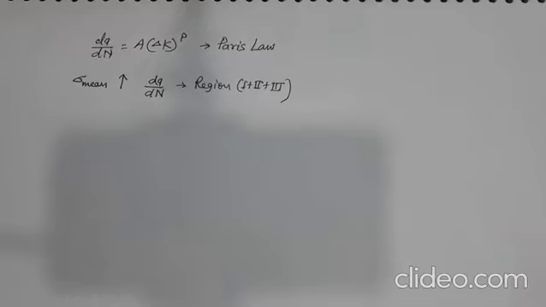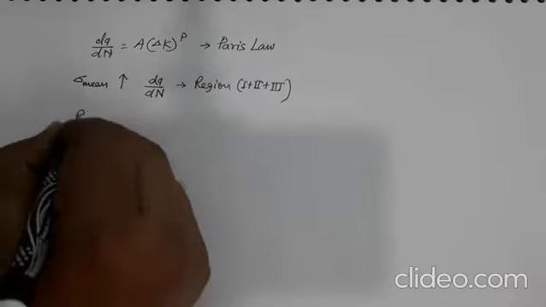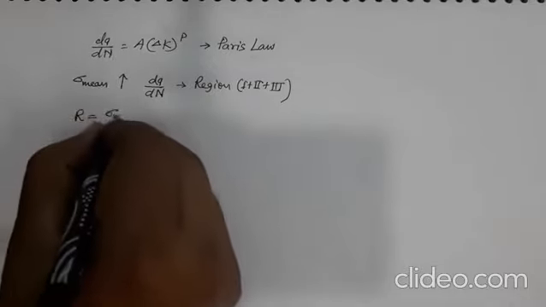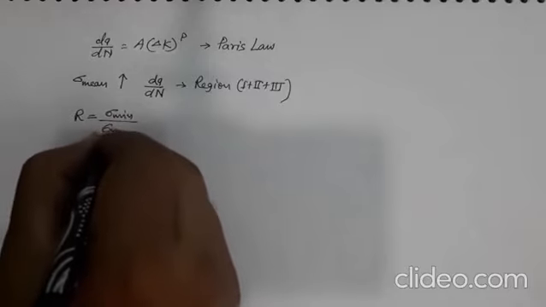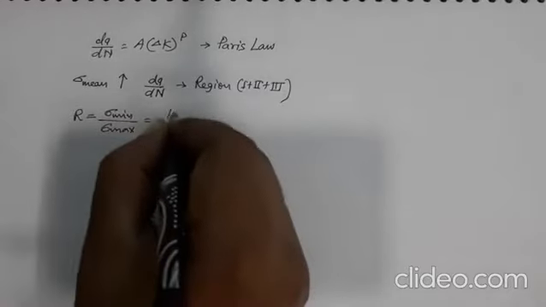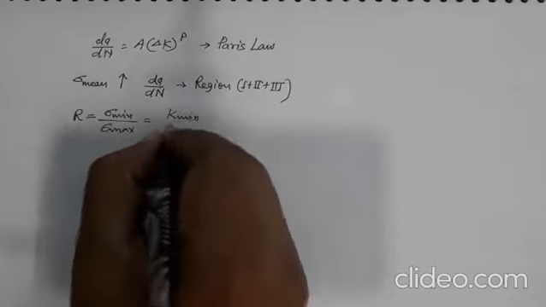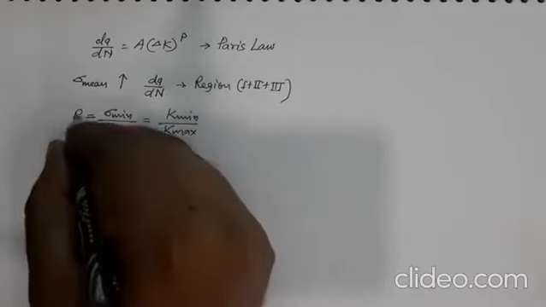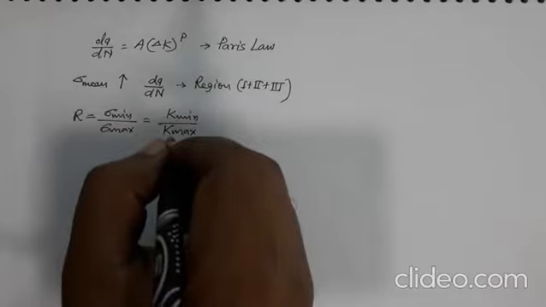Okay. Apart from that, if you change the R value, so R value is the ratio of sigma min and sigma max, which becomes also the ratio of K min and K max. So if you increase the R value, then what will happen?